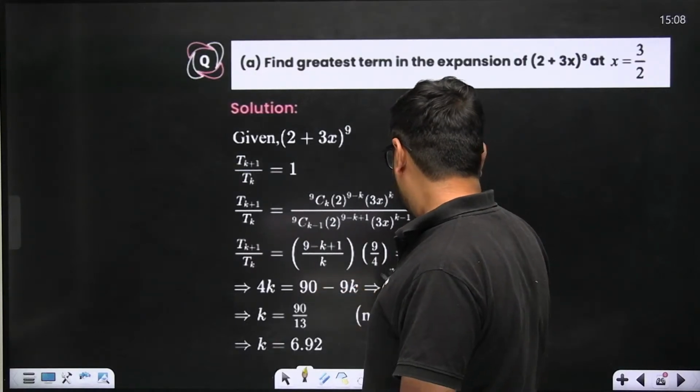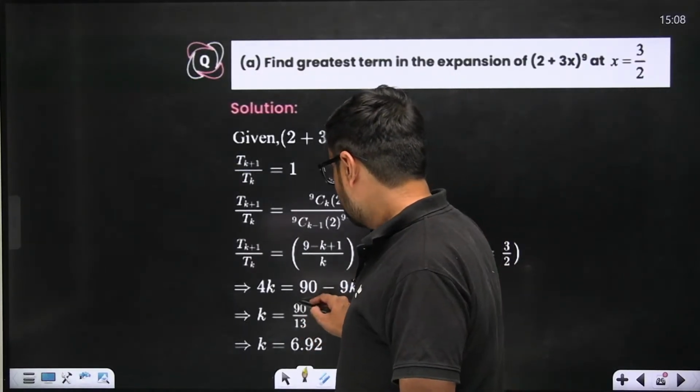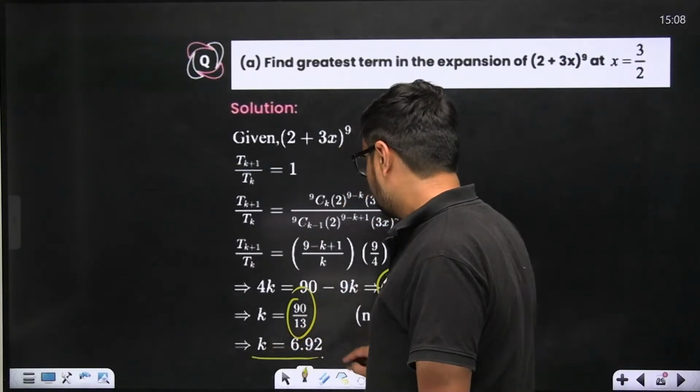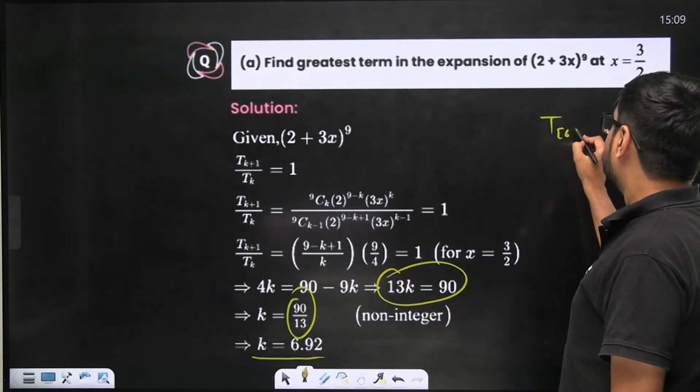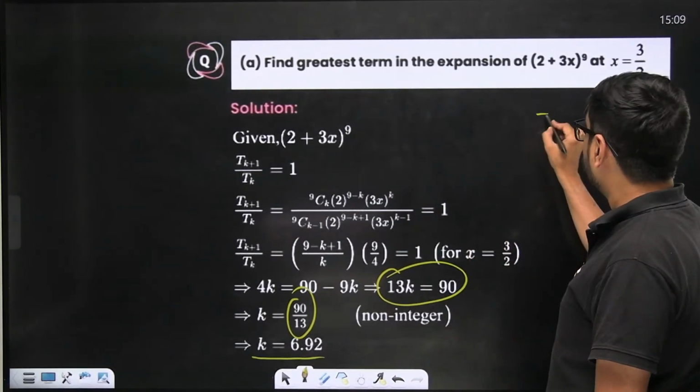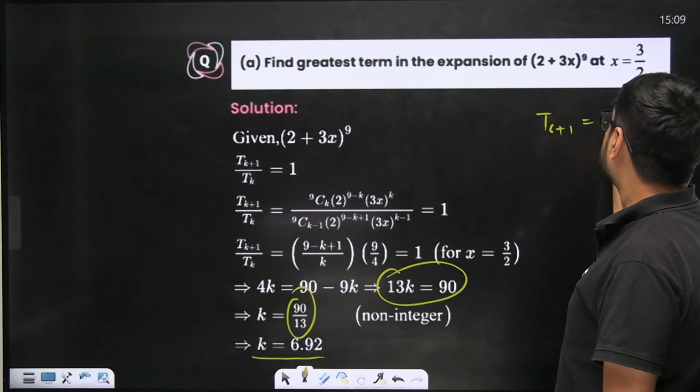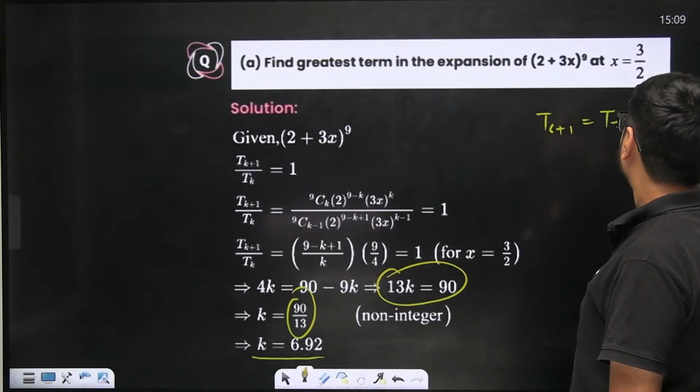So 13k equal to 90, k is coming as 90 by 13, which is a non-integer, 6.92. So in that case, the integer part of 6.92, that means t6 plus 1, that means T7 will be greatest.